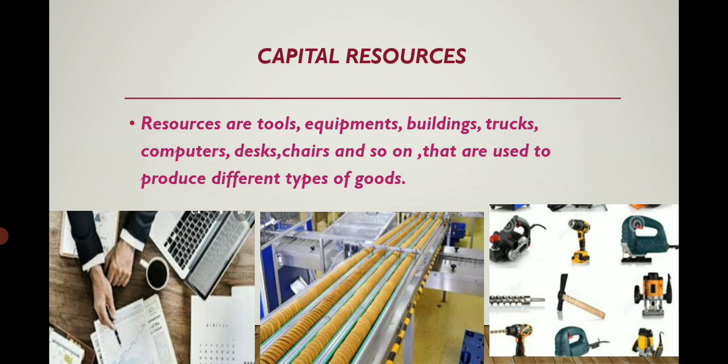You can see we need the laptop, the machinery, and different types of tools and equipment for the manufacturing or production of goods. These fall under the category of capital resources.